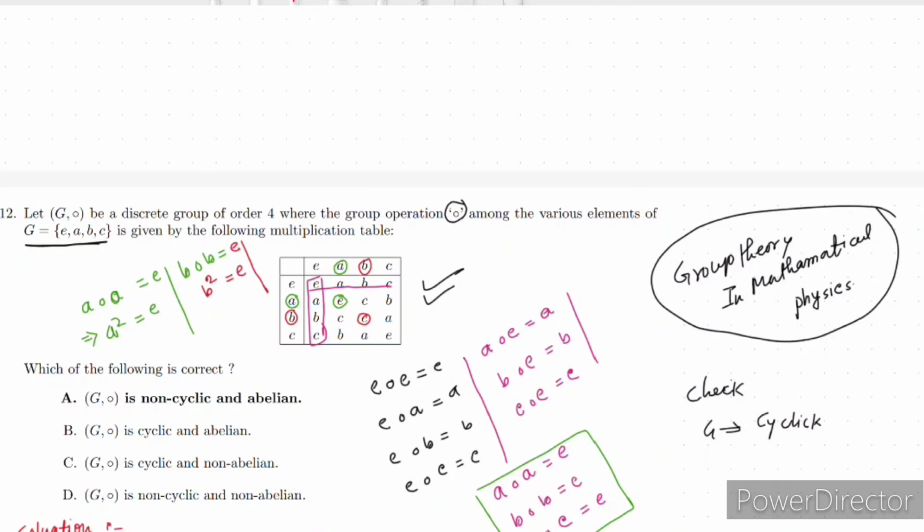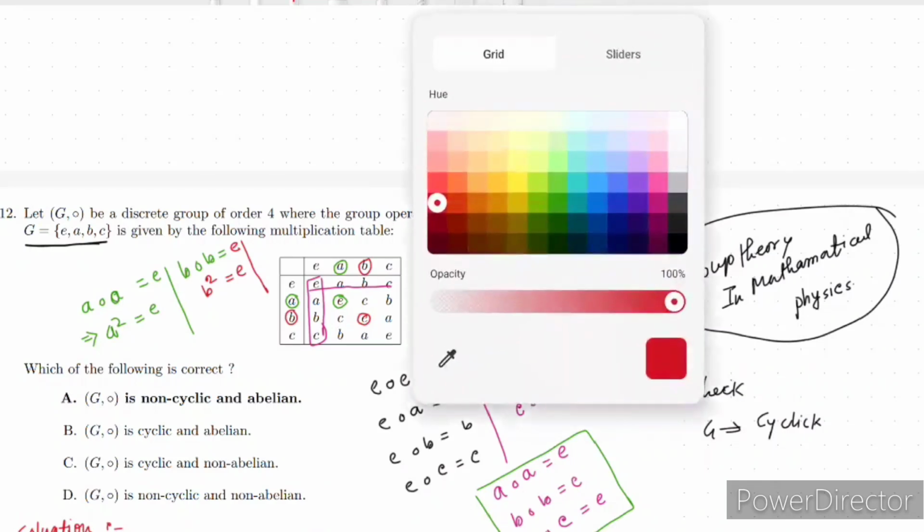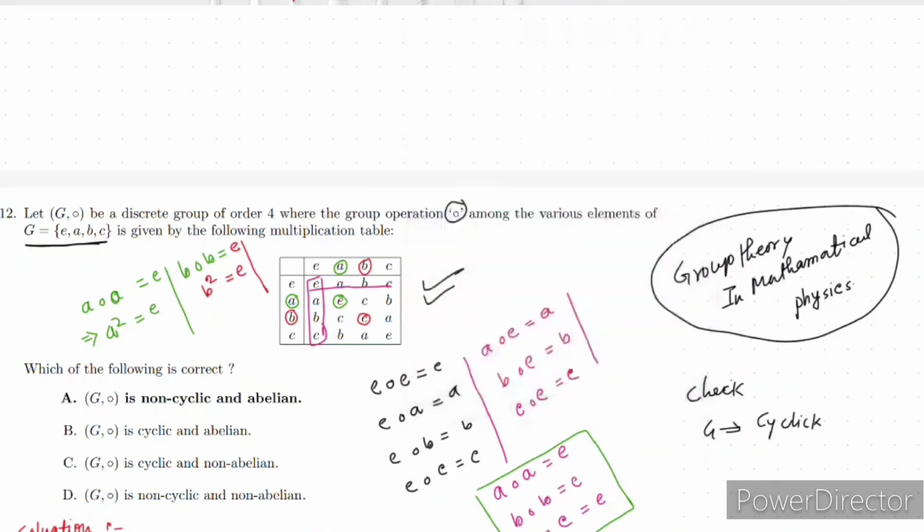अगेन देखिए, C के साथ C मल्टीप्लाई करो, क्या मिल रहा है?